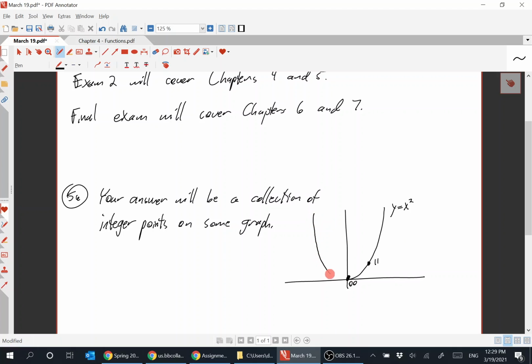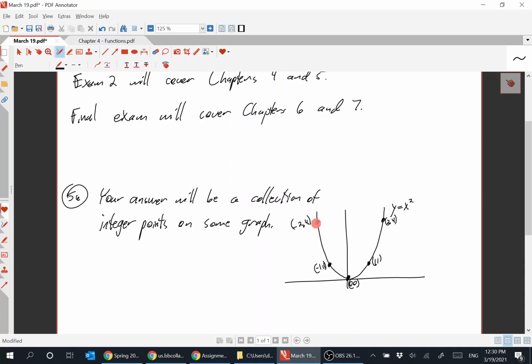So hard to get this to draw nicely. Negative 1, 1. 2, 4. And negative 2, 4. So on and so forth.